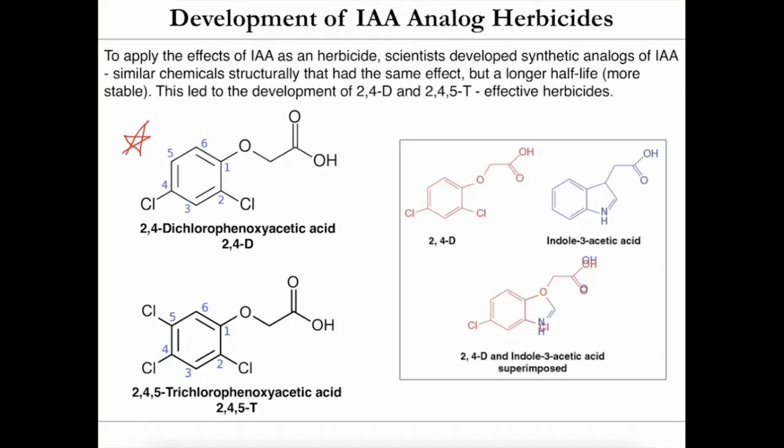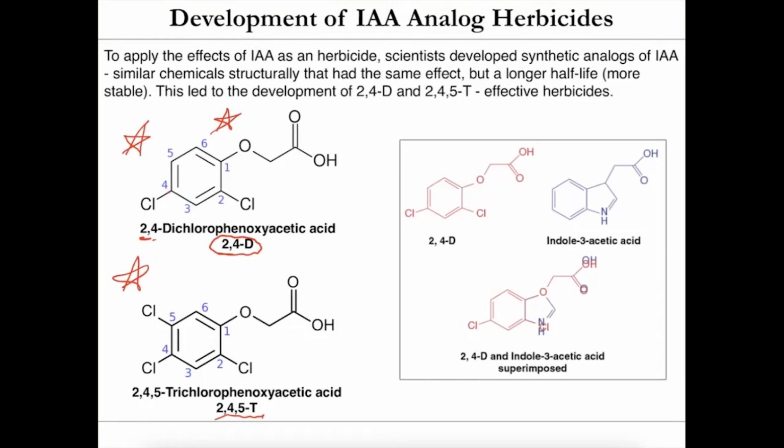Some of the first herbicides developed were these two drugs here: 2,4-dichlorophenoxyacetic acid, also just called 2,4-D, and 2,4,5-trichlorophenoxyacetic acid, or 2,4,5-T. This is the chemical structure of 2,4-D.